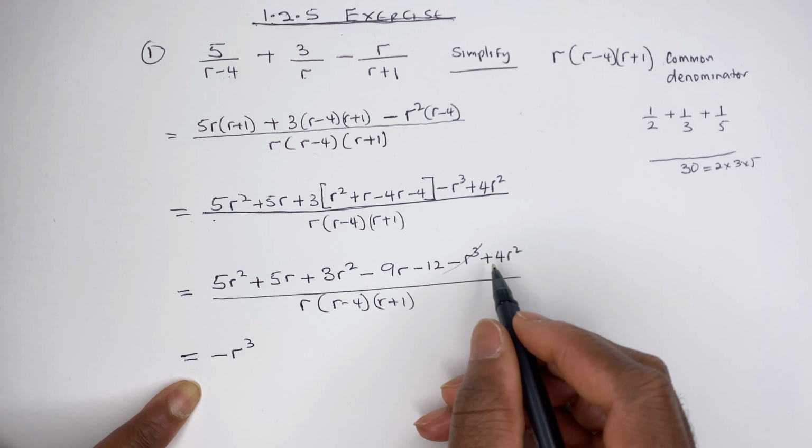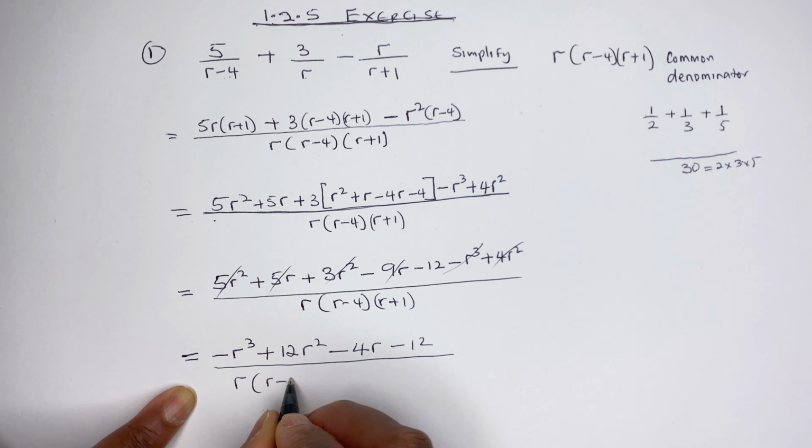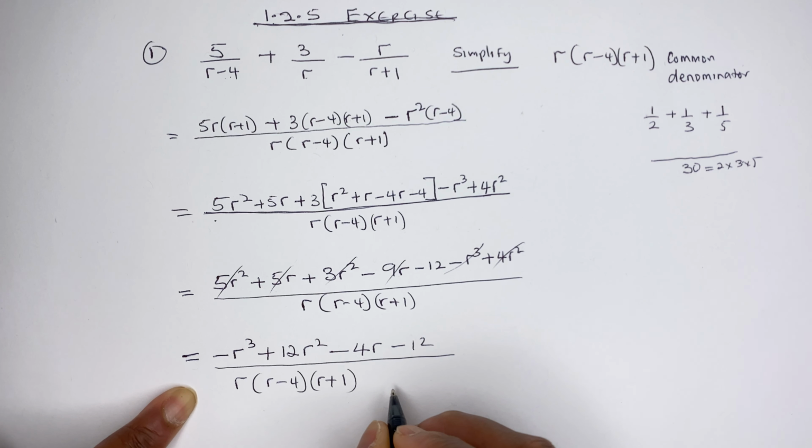I have 5r minus 9r, which is minus 4r. Then I've got minus 12, over r into bracket r minus 4, r plus 1. And that's the final simplified version.